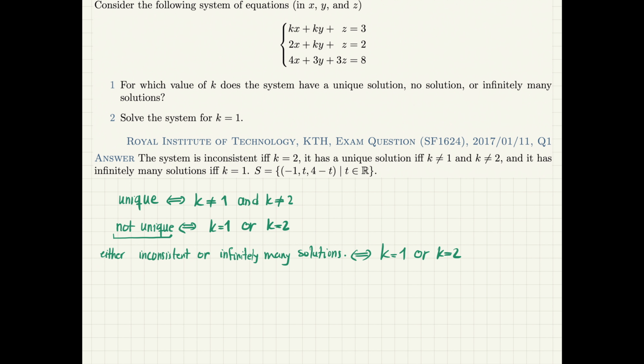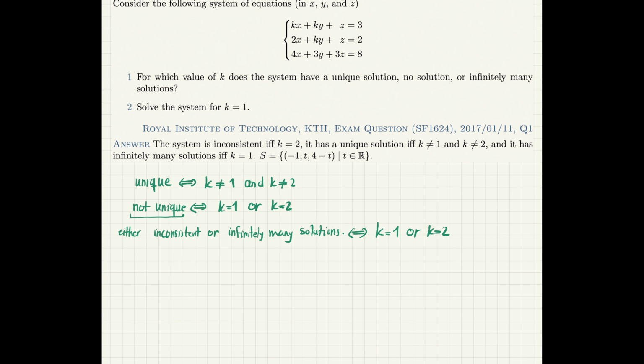Okay, so for example, if I put k equal to 1, then what happens? It becomes x plus y plus z equals 3. And then the second equation would be 2x plus y plus z is equal to 2. And the last equation would be 4x plus 3y plus 3z is equal to 8.